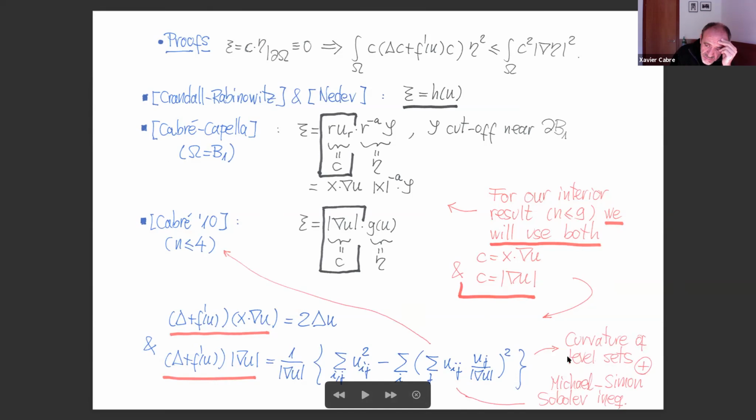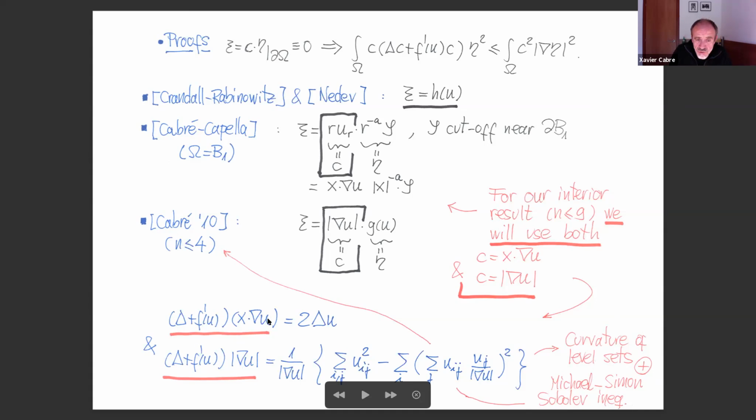And this has a geometric flavor and is more similar to minimal surfaces because you play with curvatures. And this is what I used in my paper in dimension up to 4. Level sets, their curvature, and a geometric Sobolev inequality, a beautiful one, which is called the Michael-Simon Sobolev inequality, for those of you who know. If not, I recommend that you look at this. And in this way, using this second test function, one can accomplish dimension 4.